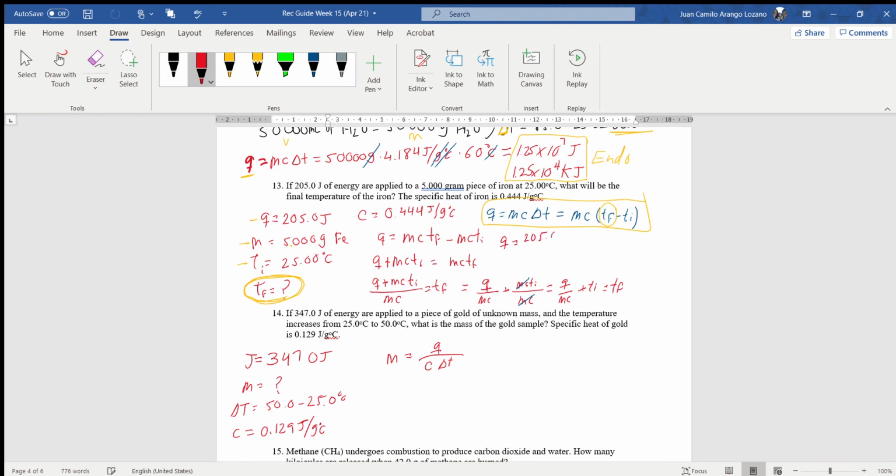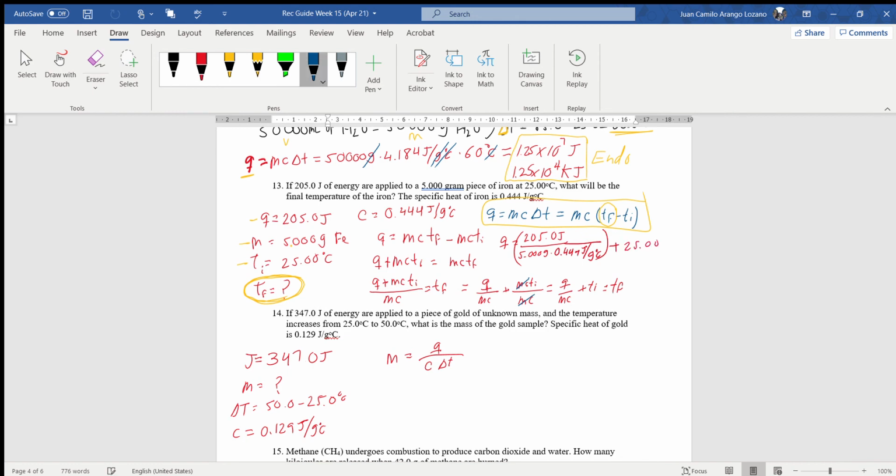205.0 joules over m times C, so that's gonna be 5.000 grams times my C, which in this case it's 0.444 joules per gram Celsius, close this parenthesis, plus my initial temperature, which is 25.00.